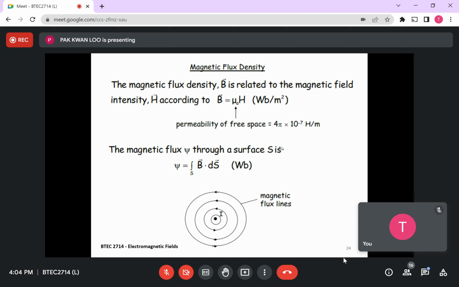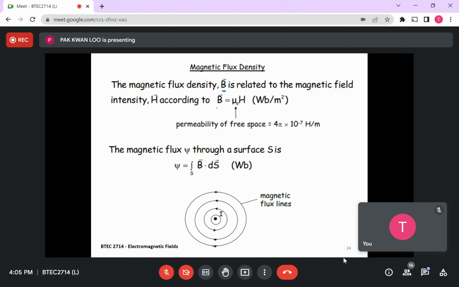However, the definition of flux, regardless whether it is electric field or magnetic field, is the same, because it is still the flux density. So we call this B the flux density.